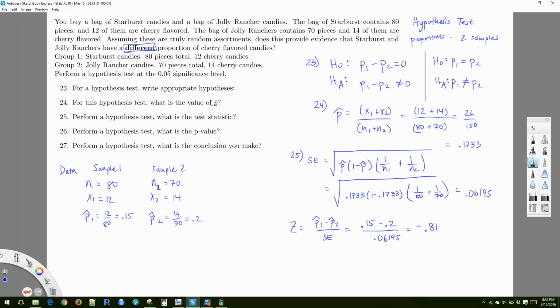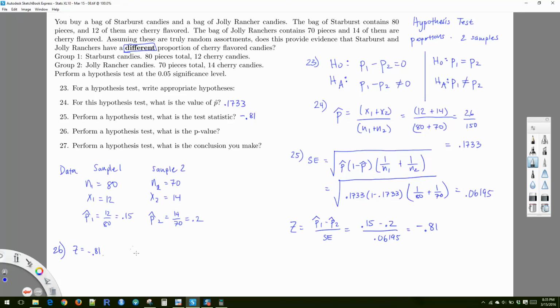Okay, so that's our z-score. So here I'll write these answers. Okay, what's the p-value? What do we do to get the p-value when our z-score is negative 0.81? We're going to go to our table and look up the area to the left, because it's negative, right?